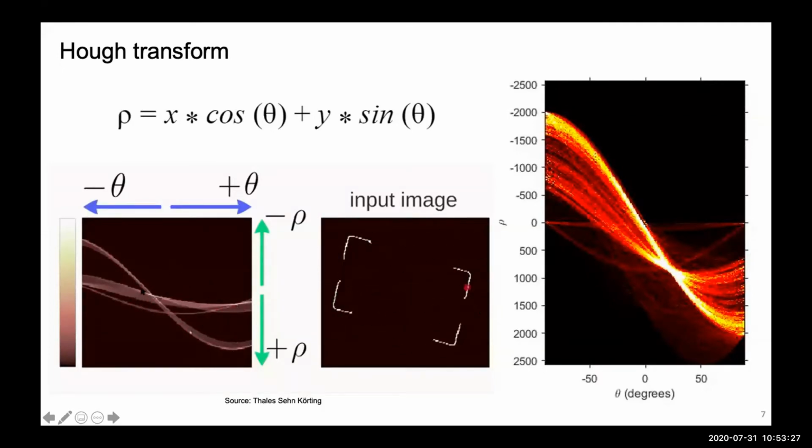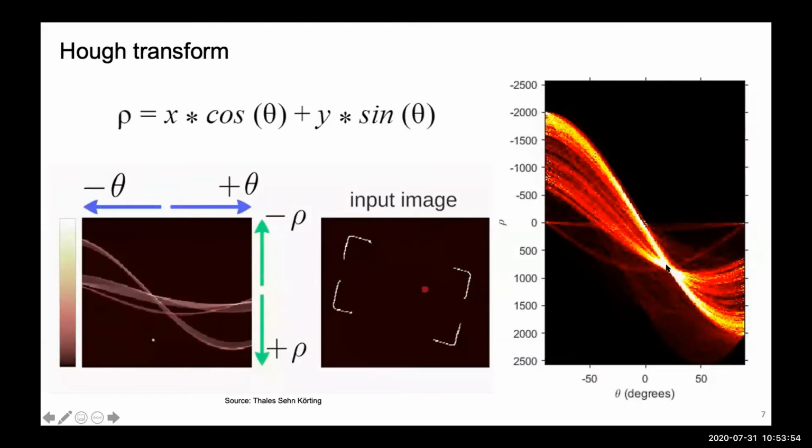And so the final output of this is something that looks like this image on the right, where you have this image that graphs rho and theta, and you have all these streaks sort of going across the image, and each of these streaks represents 1 pixel. And where these streaks cross, where they have very large intersections, those are where your most prominent lines are.